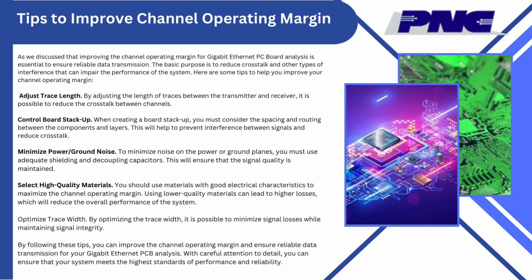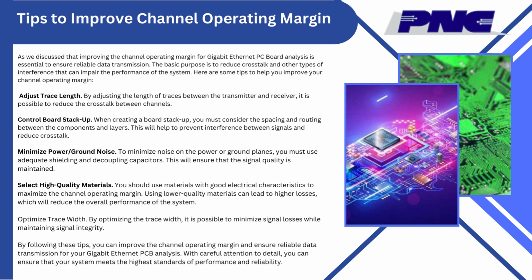Select high-quality materials. You should use materials with good electrical characteristics to maximize the channel operating margin. Using lower quality materials can lead to higher losses, which will reduce the overall performance of the system. Optimize trace width.